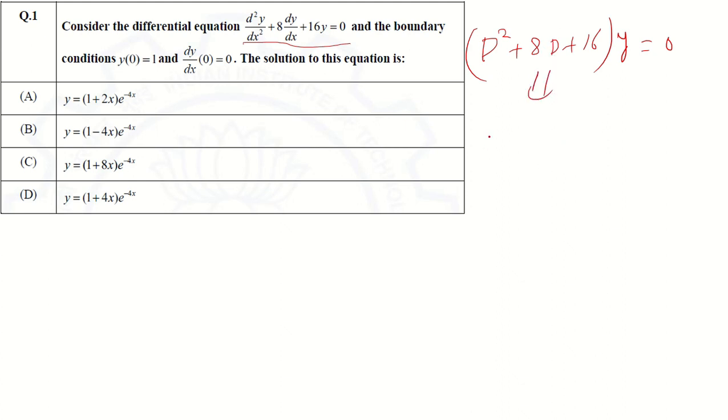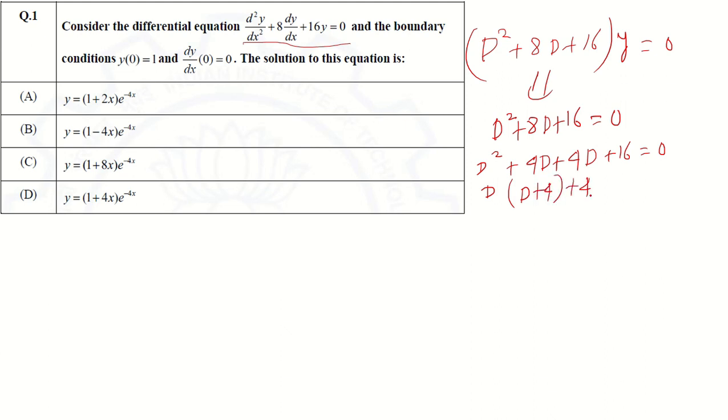So now we have to solve this quadratic equation, D squared plus 8D plus 16 is equal to 0. So this is very easy to get the root of the quadratic equation.